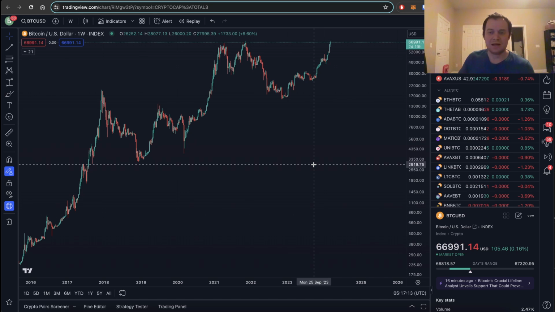And given the fact that we're seeing other confluence like gold breaking out, the fear and greed index getting into the 90s, it's now back into the 80s, but it could certainly go back into the 90s, especially as we get later into March and closer to the halving.